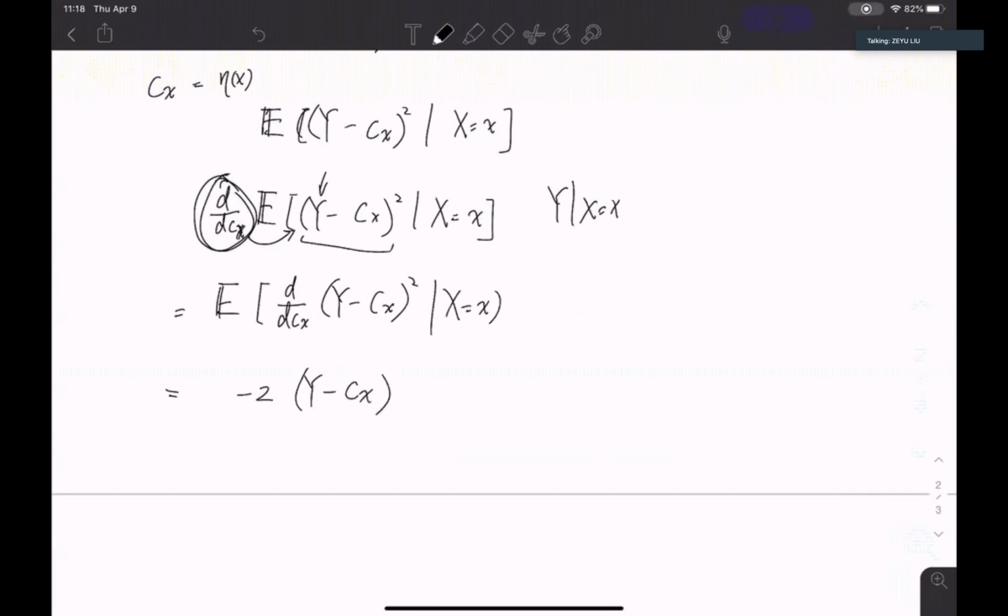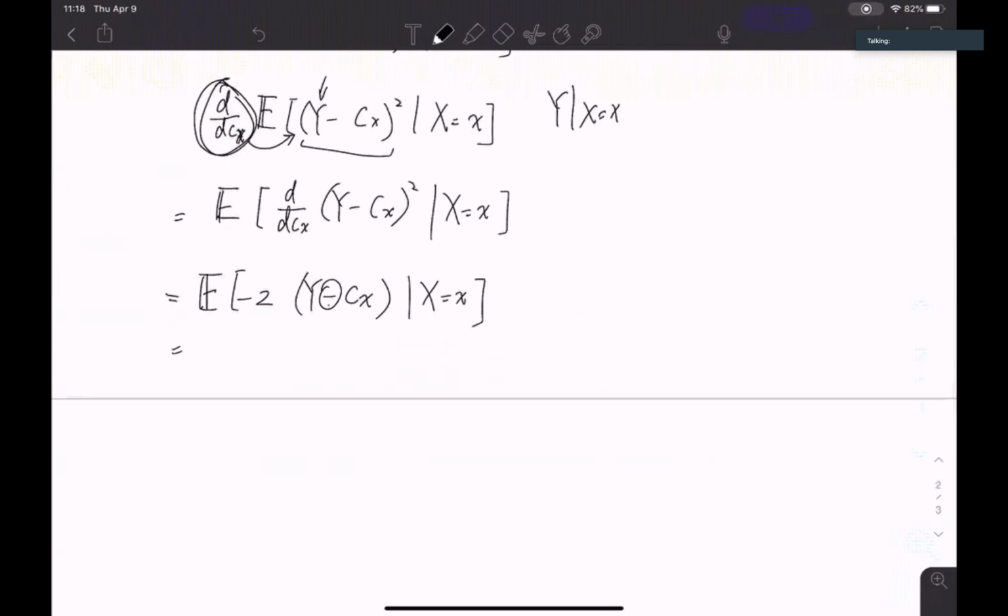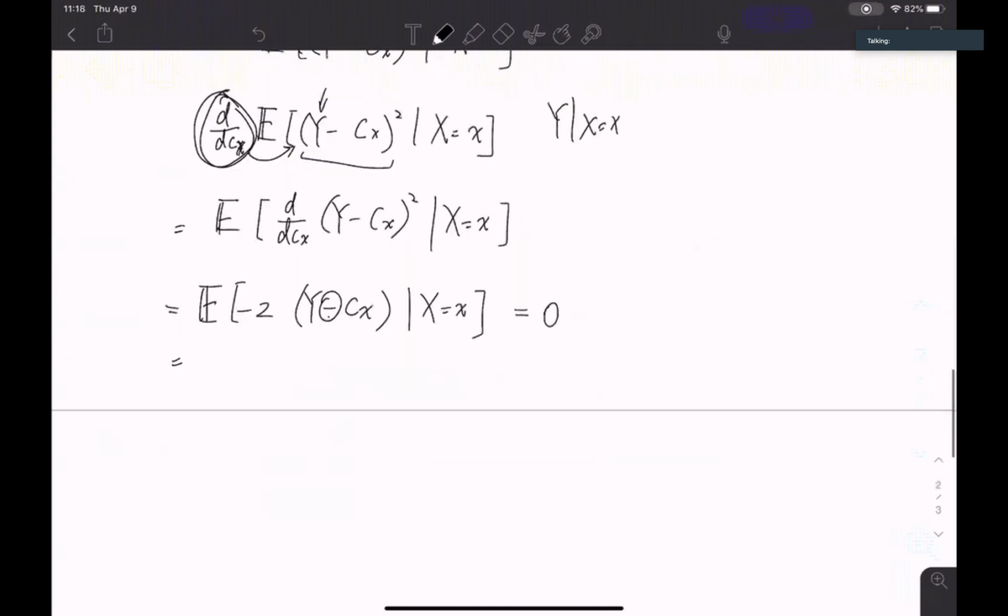And there's a minus because of this. Now we want to set this to be 0. And because this side is 0, the -2 can be canceled.